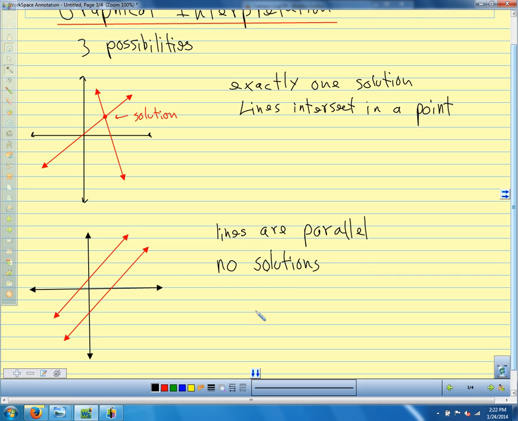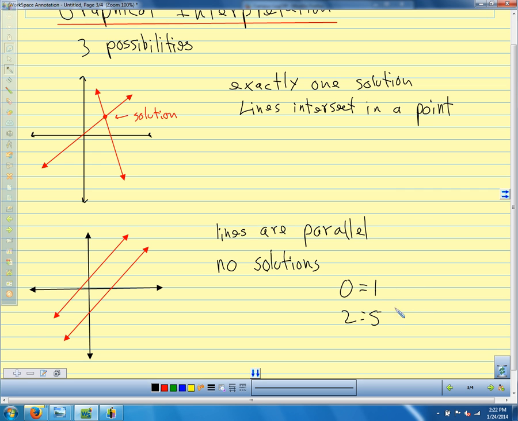How do we know, if we're using substitution or elimination, that we have no solution? What kind of answer would we come up with? Well, we could end up dividing by 0. What normally happens is you come up with something like 0 equals 1, or 2 equals 5, something that's impossible.